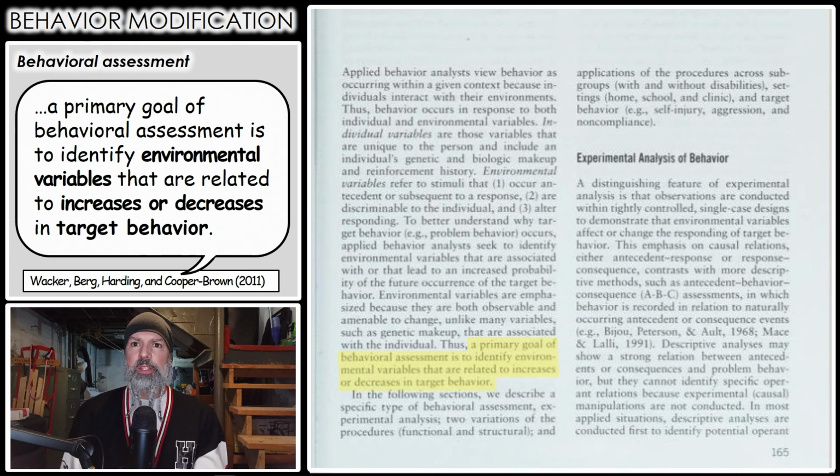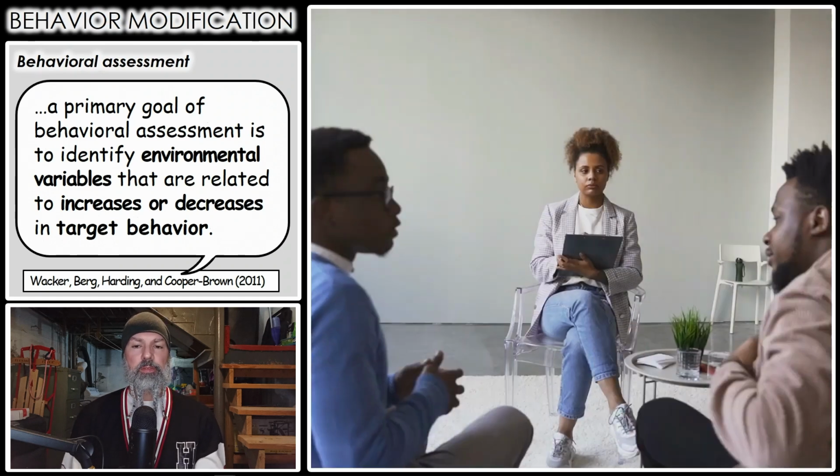And before we get into the nitty-gritty of behavioral assessment, just understand that behavioral assessment is part of a four-phase system of systematic behavioral change. So it is the beginning of a four-phase system that includes multiple steps in order to create behavioral change in a client. So assessment is actually the first one.